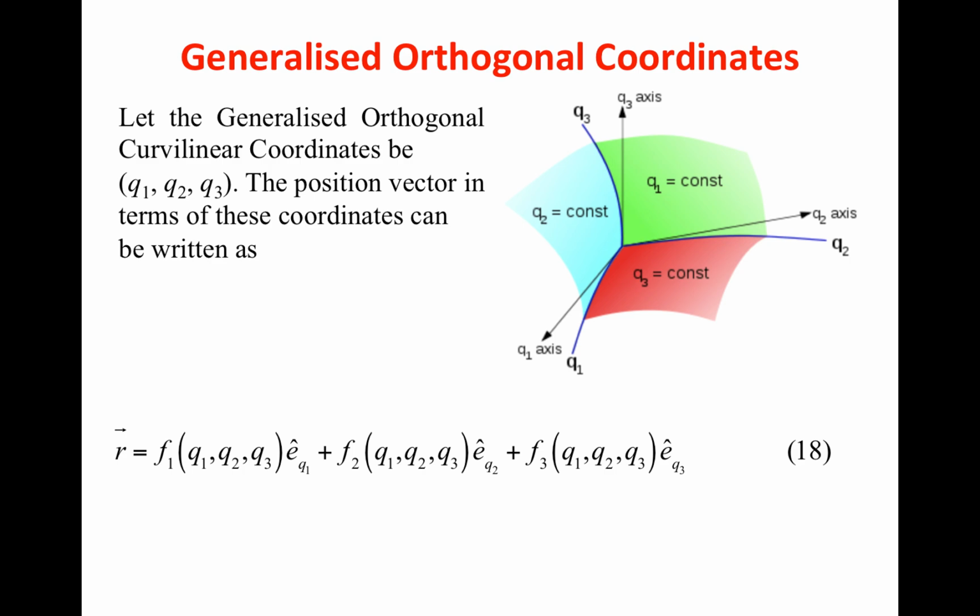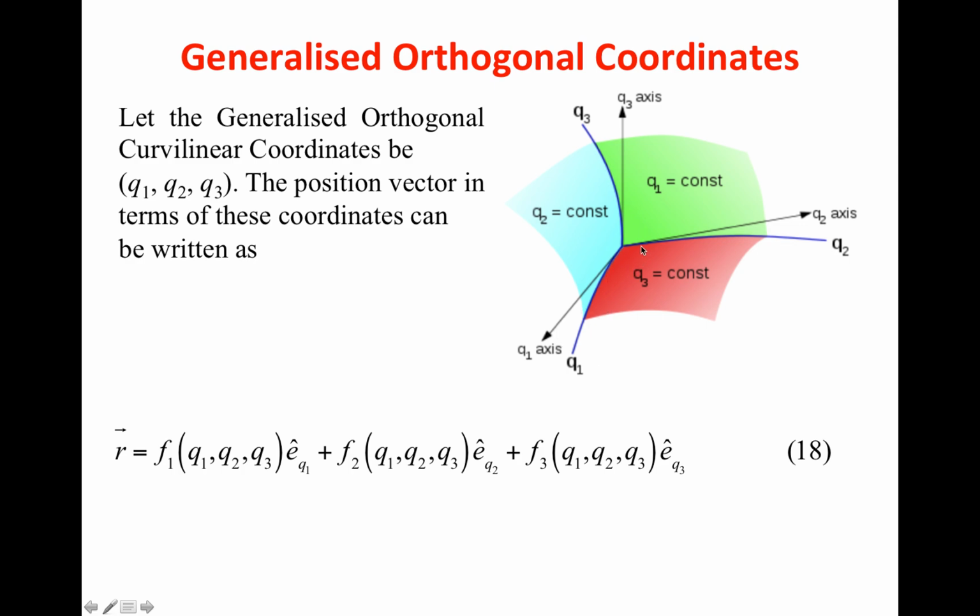So, now let us move on to the main topic that we had to discuss, which was the generalized orthogonal coordinates. These are called curvilinear coordinate systems, because in this case my axis need not always be a straight line, but we have curves.